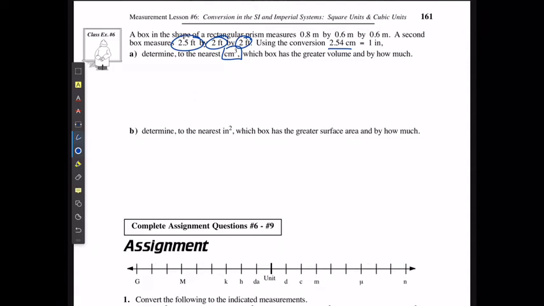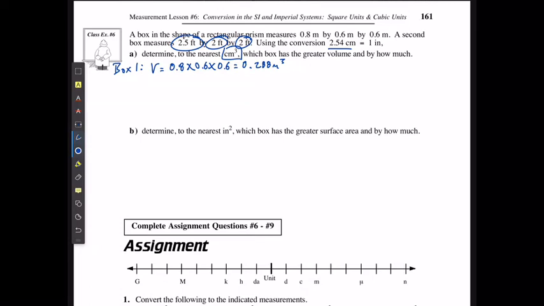Well, for box 1, the volume is going to be 0.8 times 0.6 times 0.6, or 0.288 meters cubed. I'm going to convert that into centimeters cubed.